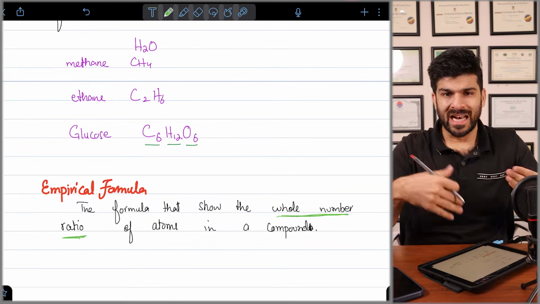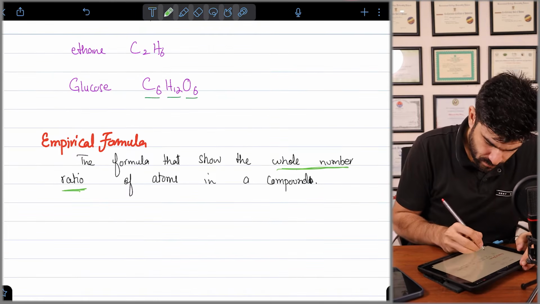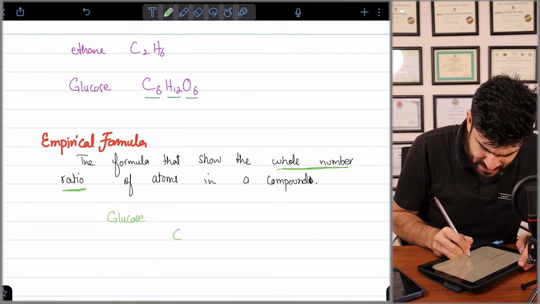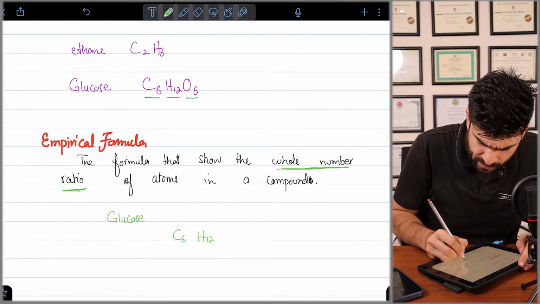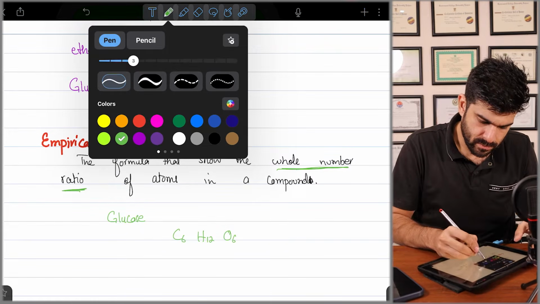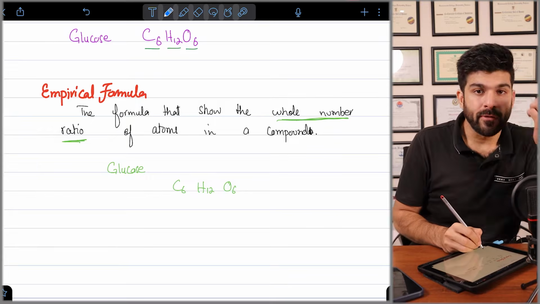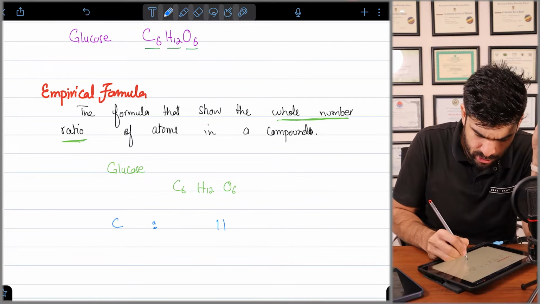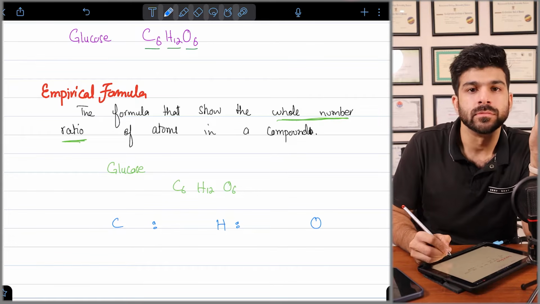For instance, let's talk about glucose here. Glucose was C6H12O6. So let's make a ratio of this. We have 3 elements involved: carbon, hydrogen, and oxygen.